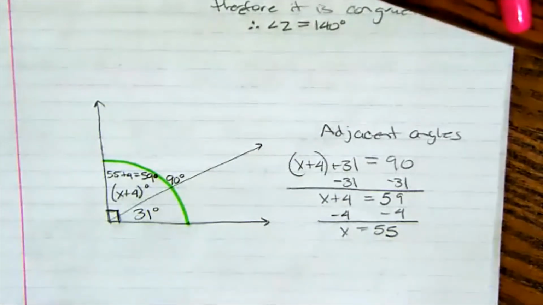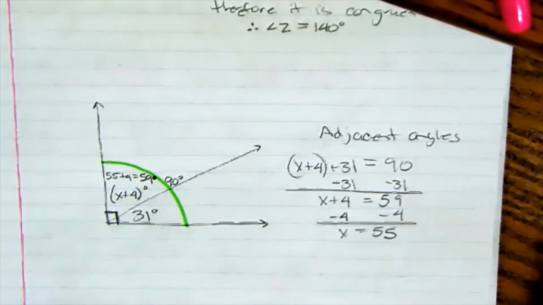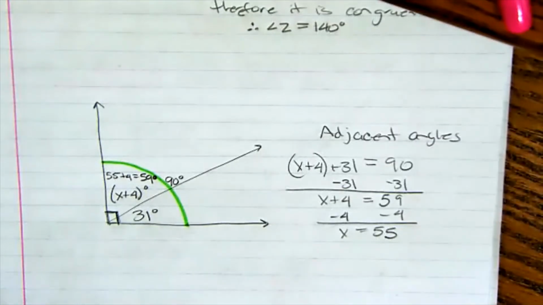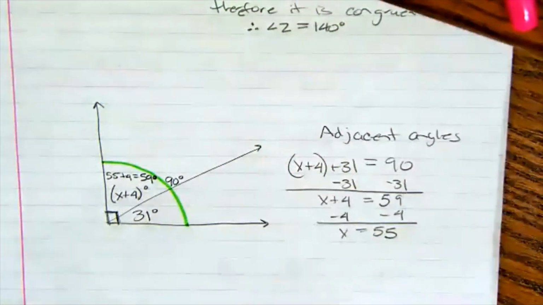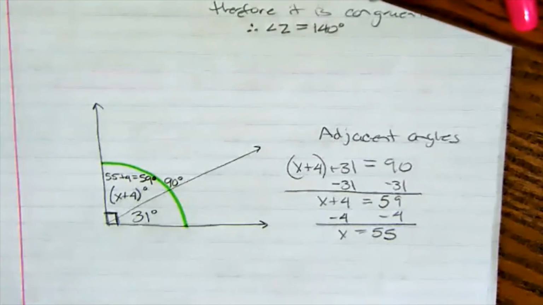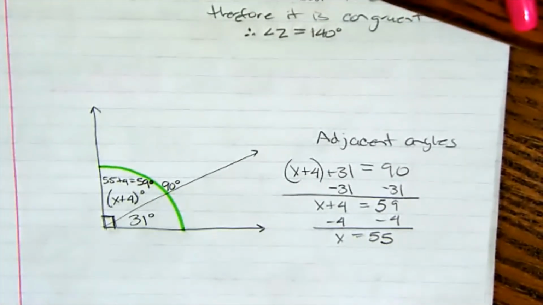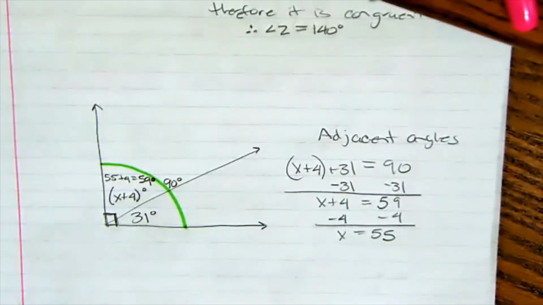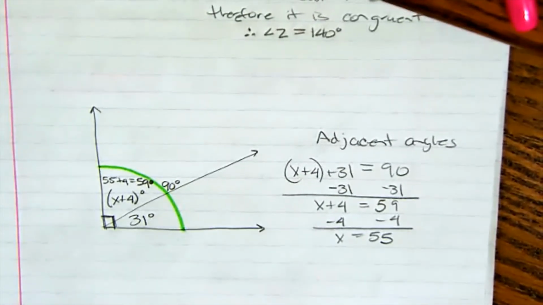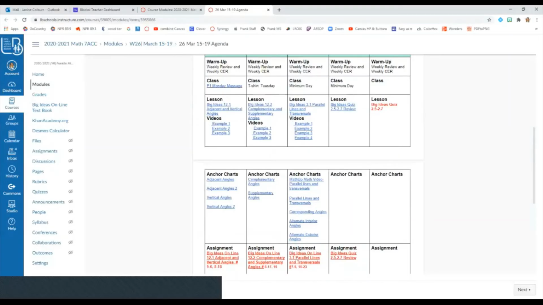Okay. And then we are going to be constructing angles, but instead of using a plastic protractor, we're going to be using an online protractor. And I want to show you. Let's take a look at example 3.